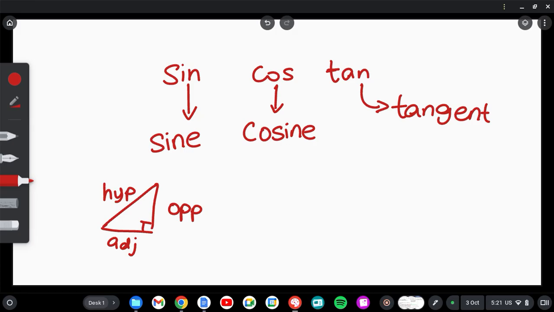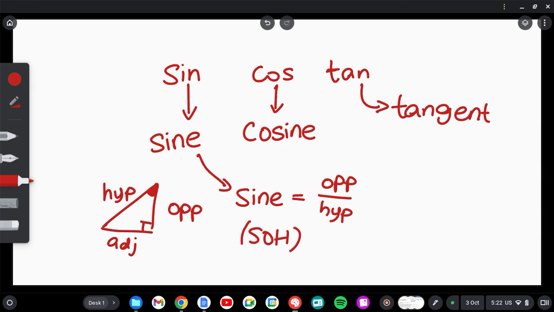For sine, it is always this angle right here, bound in the angle. This angle here that is bound by, you will see which two sides they are. Sine equals to opposite over hypotenuse. In short, we can then simplify to soh.